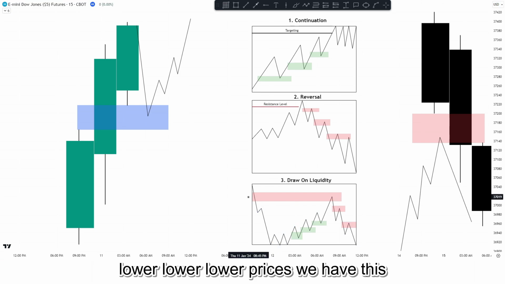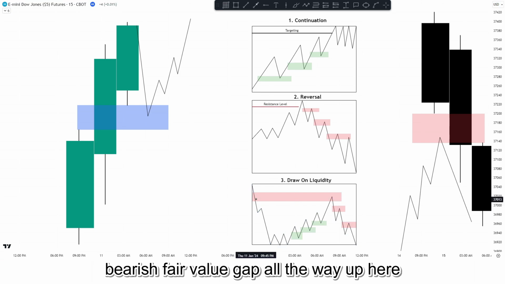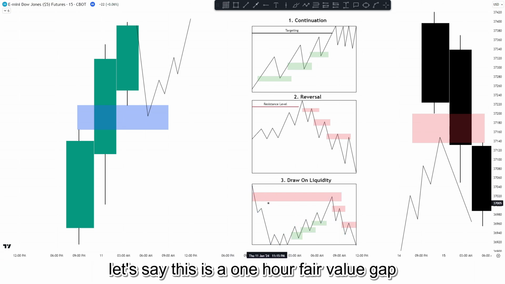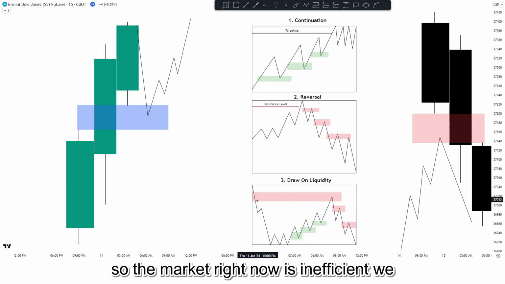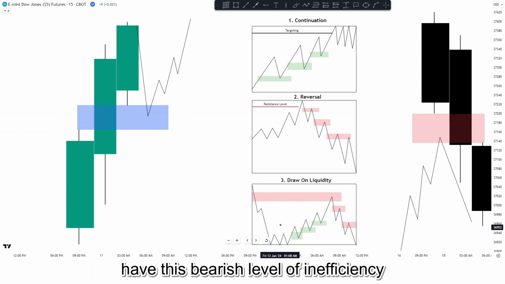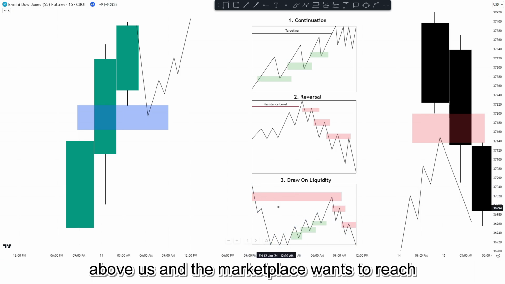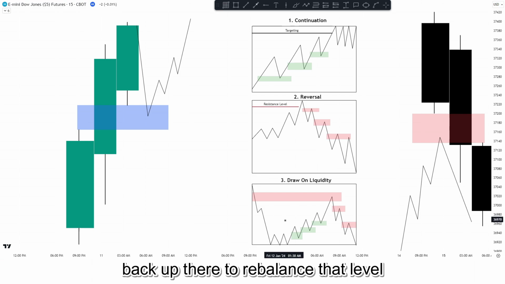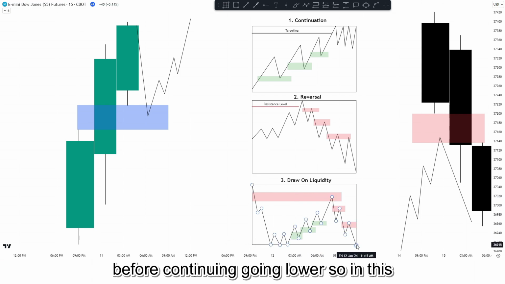We have this bearish fair value gap all the way up here. Let's say this is a 1 hour fair value gap. So the market right now is inefficient. We have this bearish level of inefficiency above us, and the marketplace wants to reach back up there to rebalance that level before continuing lower.